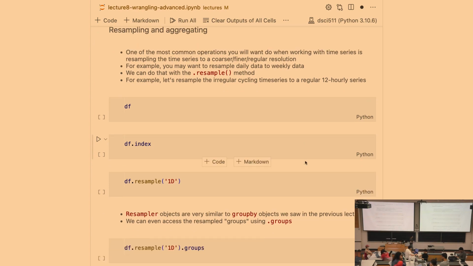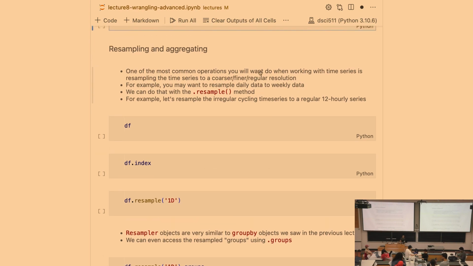Okay, so there is an operation that people do very commonly with time series data. It's called resampling. It means that if I have a data frame that has rows belonging to particular points in time, there are situations where, instead of having data that is not regularly aligned, meaning it doesn't have a regular time step, we might want to create a data set that has a regular time step, so that the time deltas are equal between all of the rows.